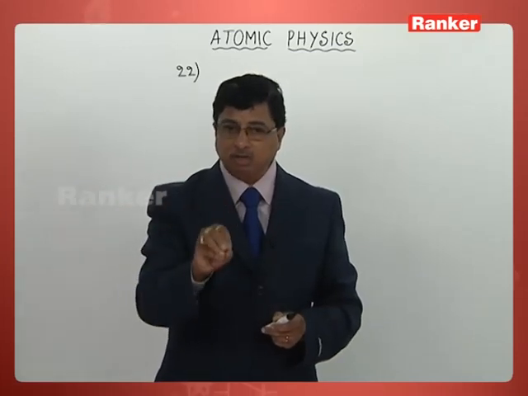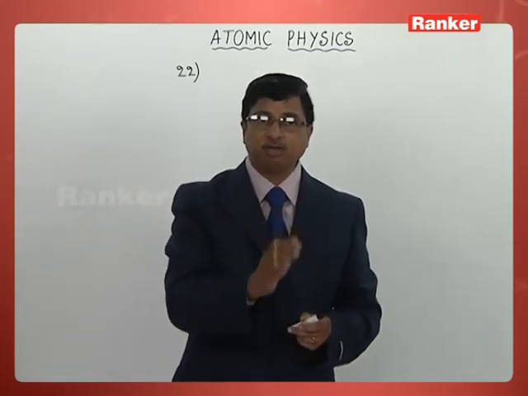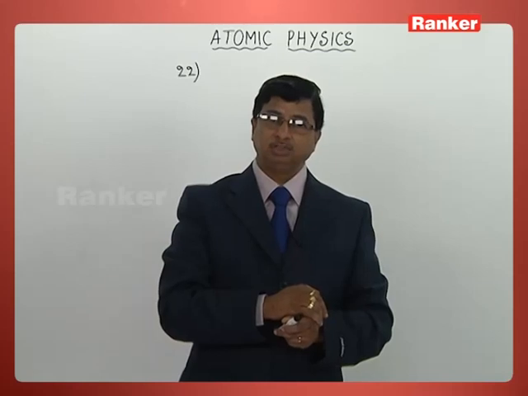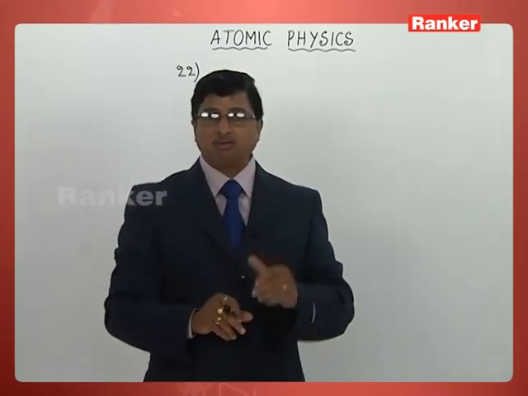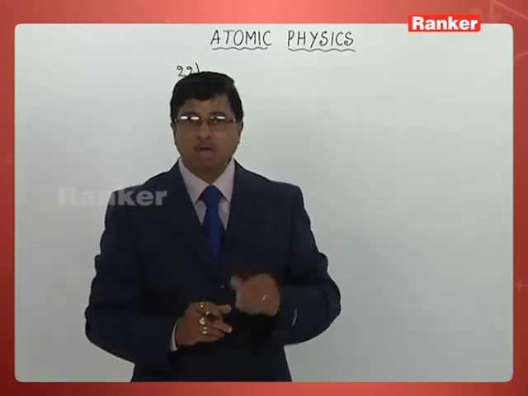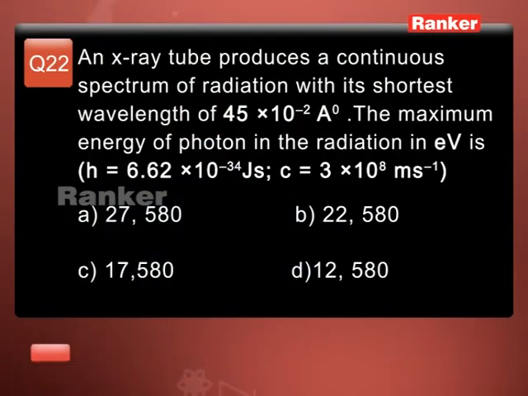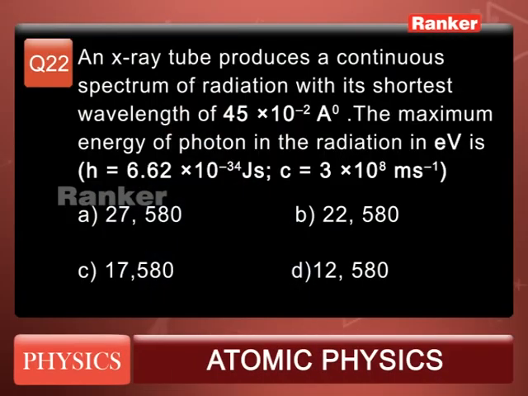We know that itself is called the shortest wavelength. That's what has been given here as 45 into 10 power minus 2 angstrom units. The maximum energy of a photon in the radiation, in electron volt, is how much?